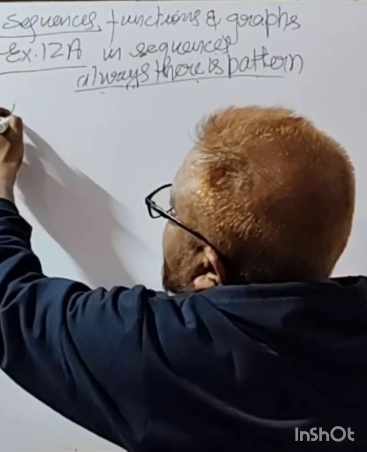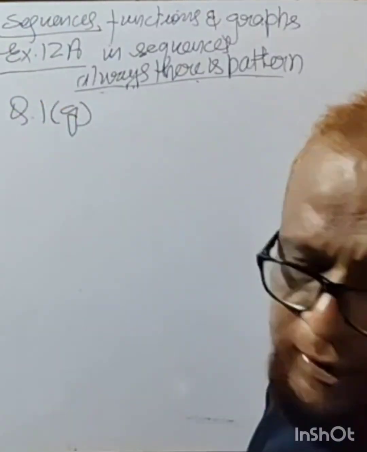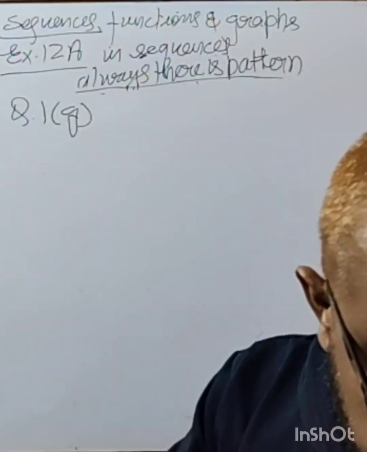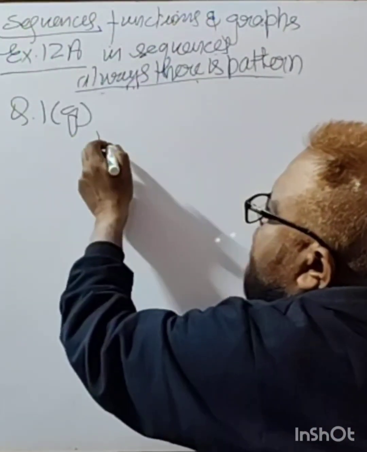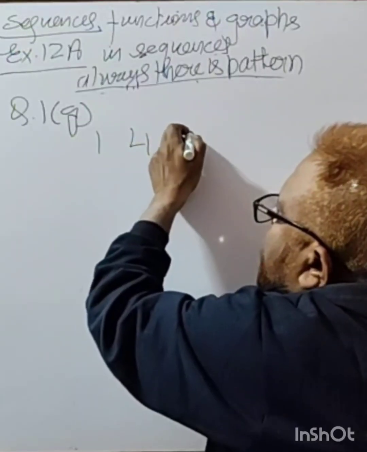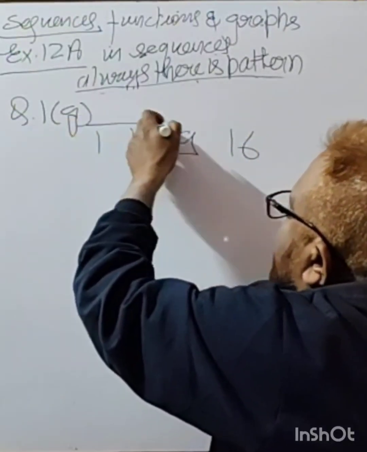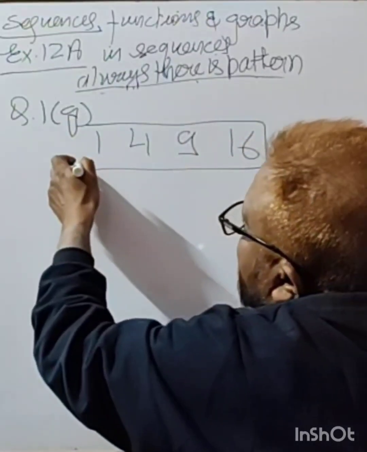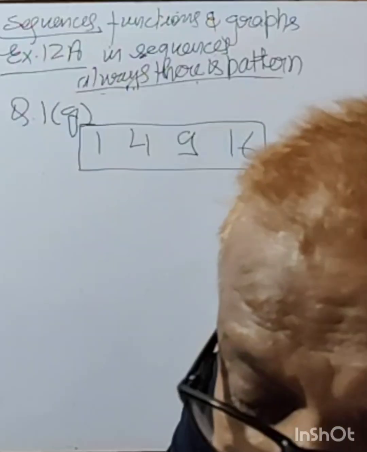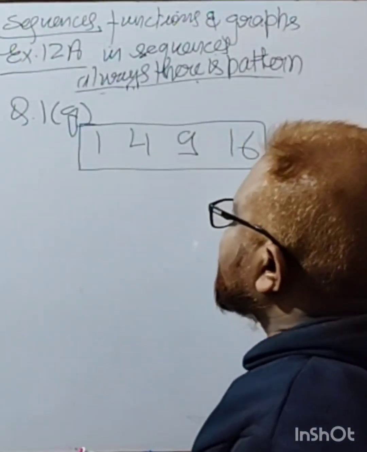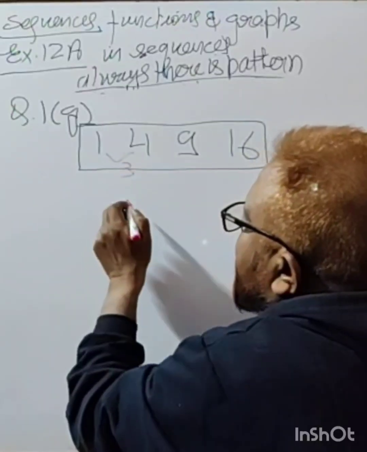We have question number 1G, right? That is 1, 4, 9, 16. Do you get this? Between these two the difference is 3.